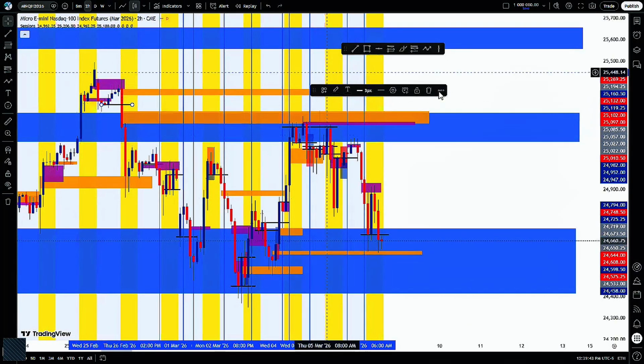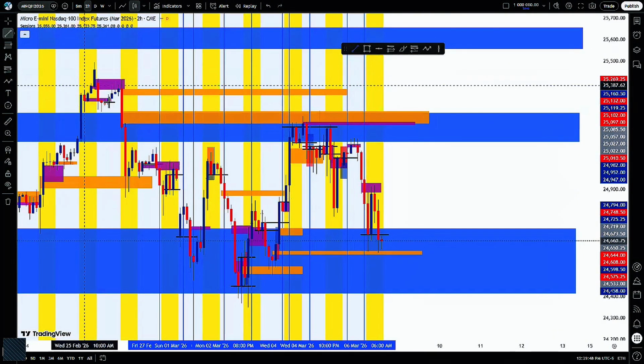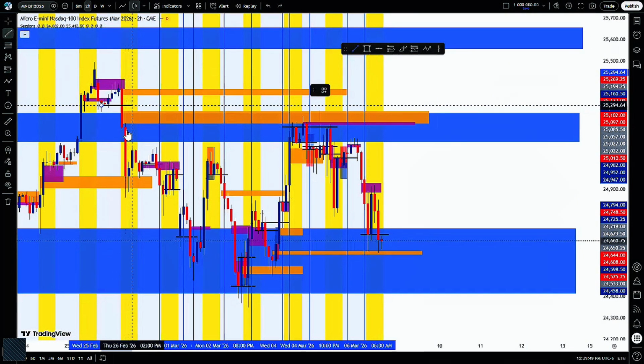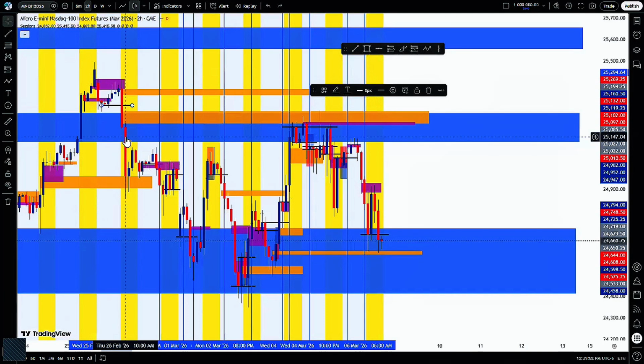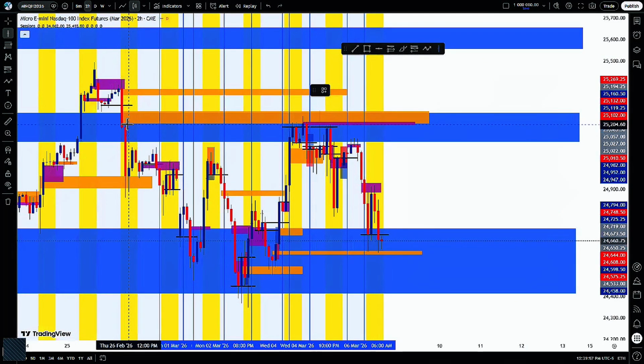That is how I wait for my market structure to have a confirmed break of structure, because the second candle that closes below a support or closes above a resistance would be the confirmed candle. So in this case, this one closed below and then this one confirmed that it stayed below.